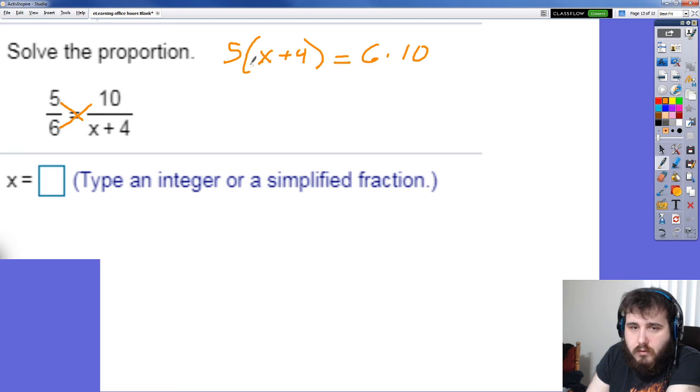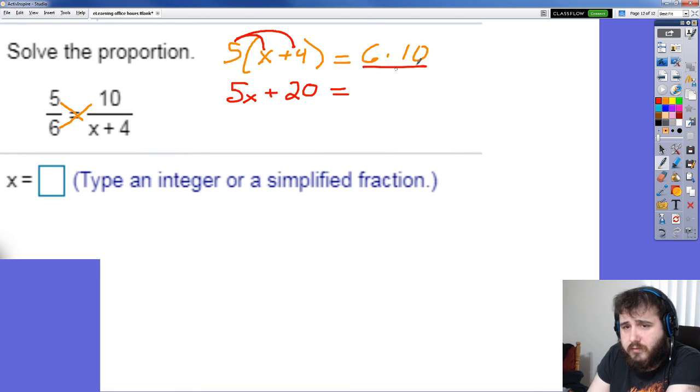Now, when we do this, remember, you have to distribute. This first one, 5 times 1 is 5x. 5 times 4, plus sign in the middle, 5 times 4 is 20. 6 times 10, well, that's 60.